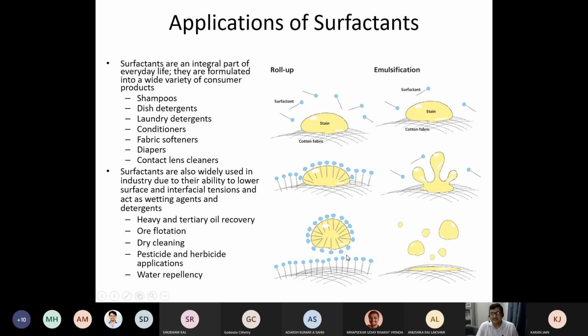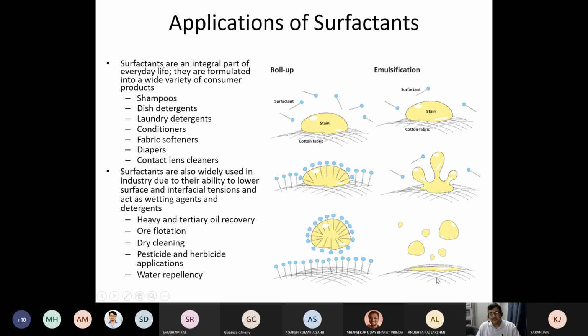This is a roll-up process. This is an emulsification process. So why are these mushroom shapes coming up? Because since the surface energy has reduced with the addition of the surfactant, bigger stains can be broken into smaller pieces, and they can be detached from the surface, and that is the exact mechanism of cleaning.